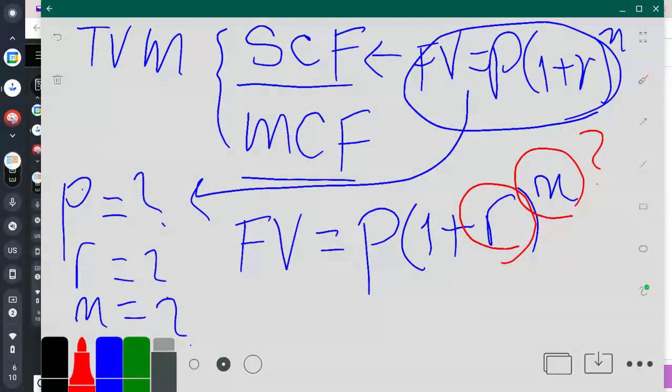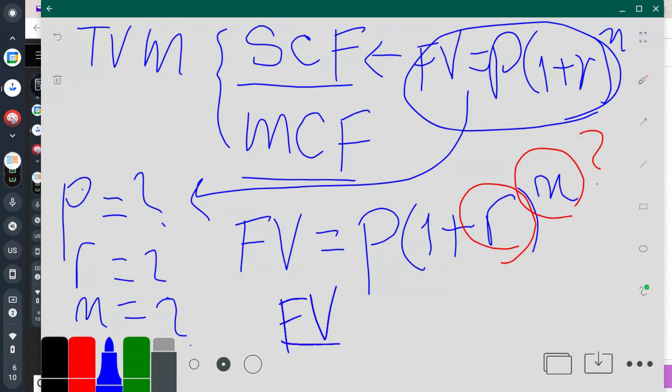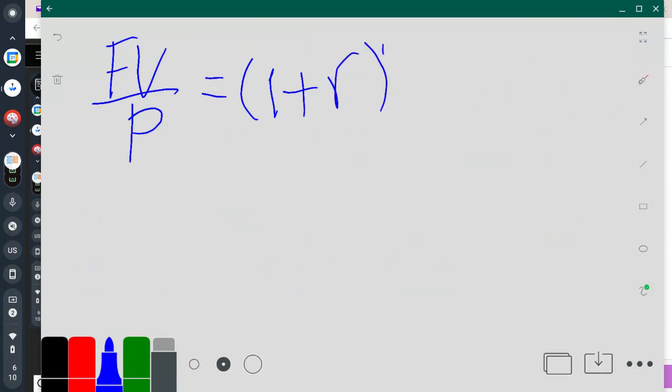To simplify this formula, we divide both sides by P. The left-hand side becomes FV over P, and the right-hand side is 1 plus r raised to n.